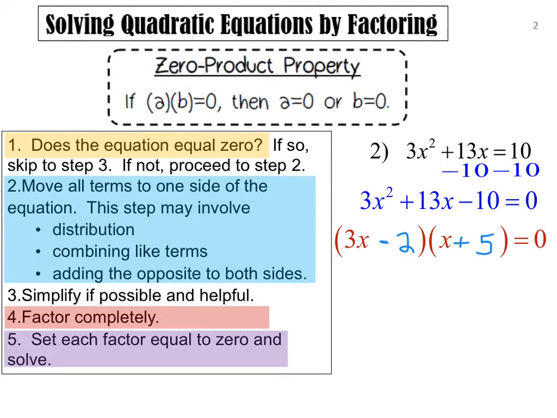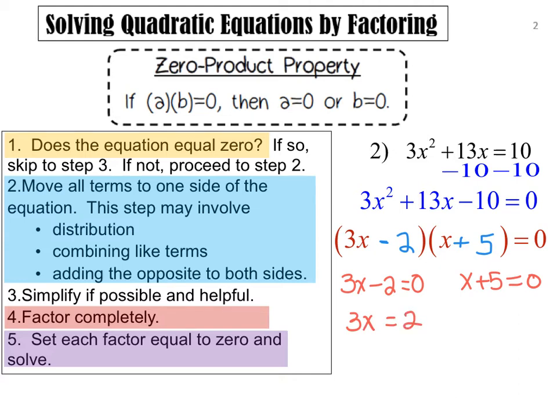And of course, now that we have it factored, we are going to set each one of the factors equal to 0. So here we go. 3x minus 2 is one of the factors. We set it equal to 0. And x plus 5 is the other factor, and we set it equal to 0. We add 2 on each side, and we get 3x is equal to 2.